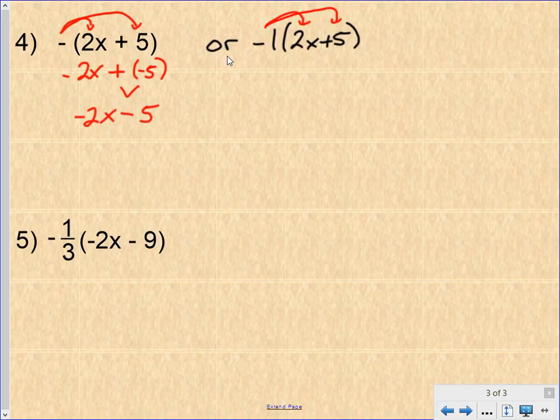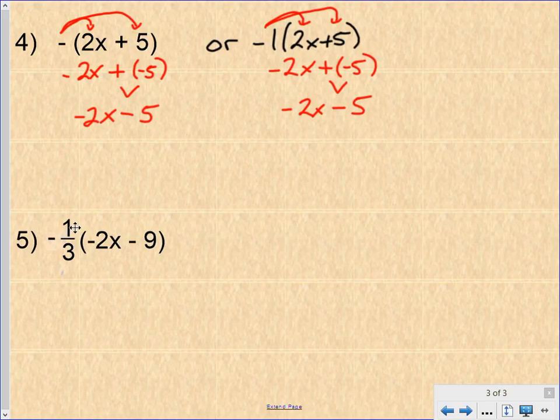You're going to get the same answer, it's just two different approaches to the same problem. So negative 1 times 2x is negative 2x. Bring down the plus sign. Negative 1 times 5 is negative 5. Those two symbols can be replaced with a minus sign. So I get negative 2x minus 5.